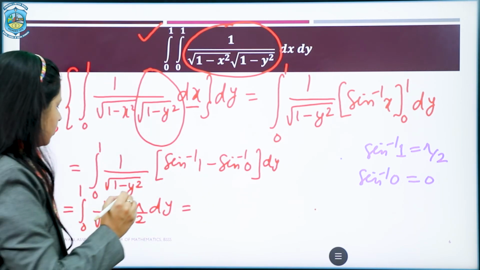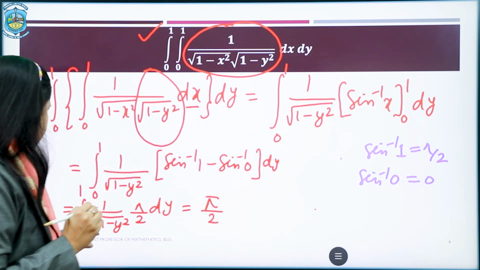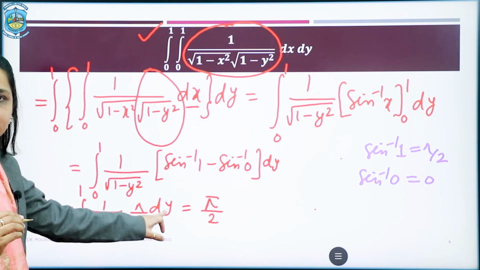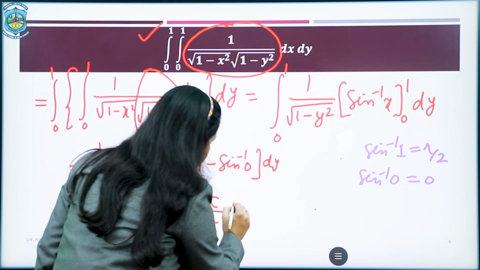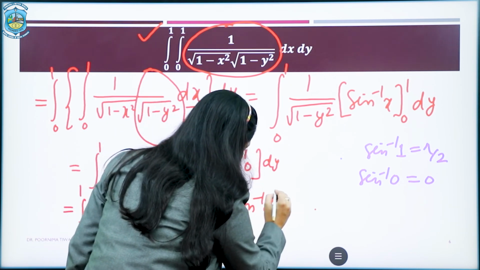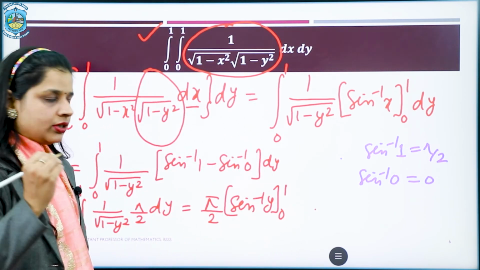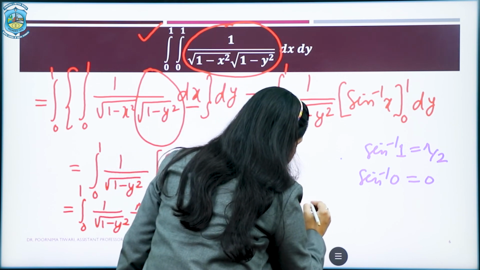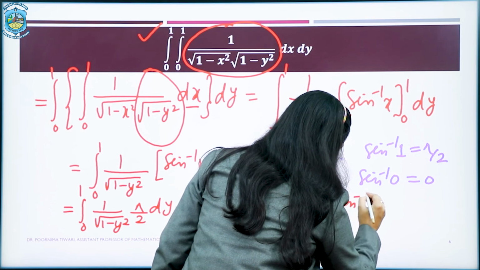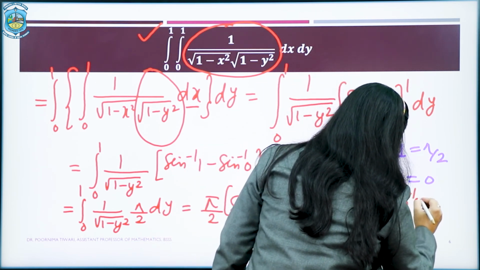Now this pi by 2 is constant. We'll integrate this term 1 by square root of 1 minus y square with respect to y. So again we'll get sine inverse y and the limits are 0 to 1. When we substitute the limit, we'll get pi by 2 multiplied with sine inverse 1 minus sine inverse 0.